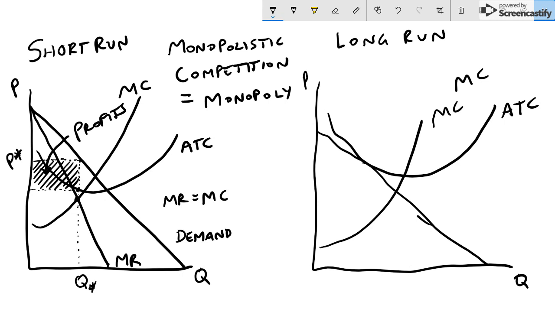Demand curve shifts left such that when we calculate our profit maximizing quantity, it's going to touch the average total cost curve right where it hits that demand curve.